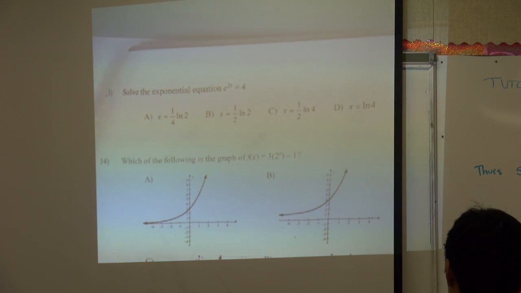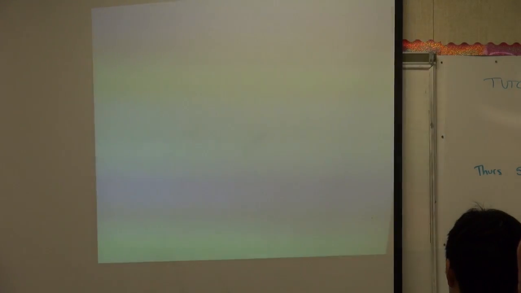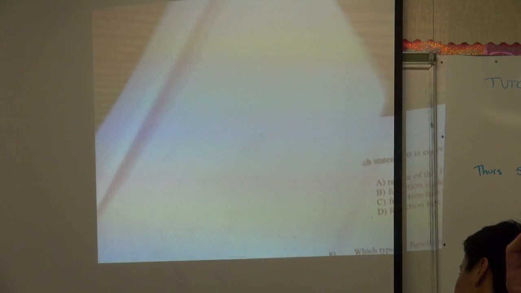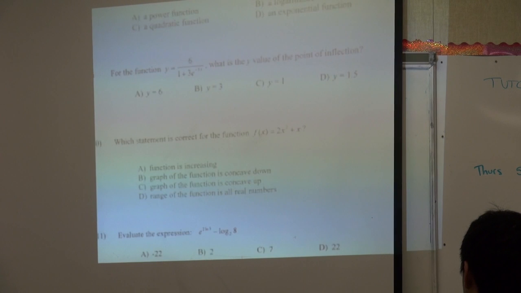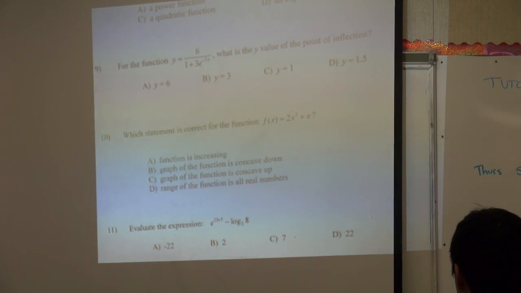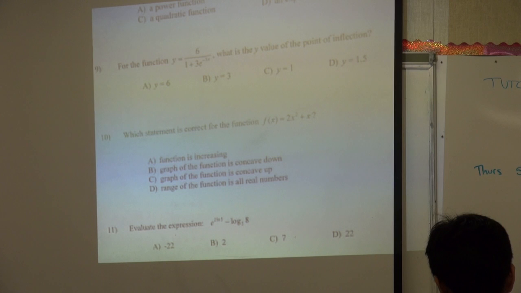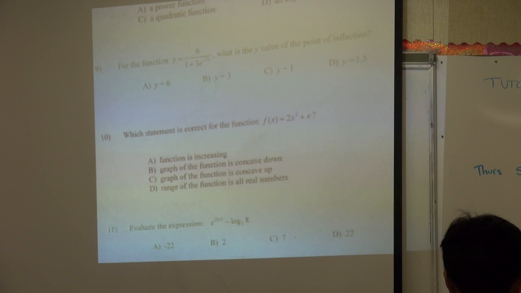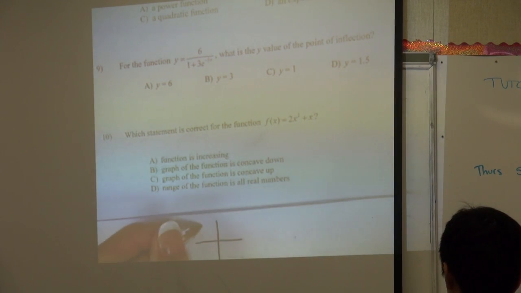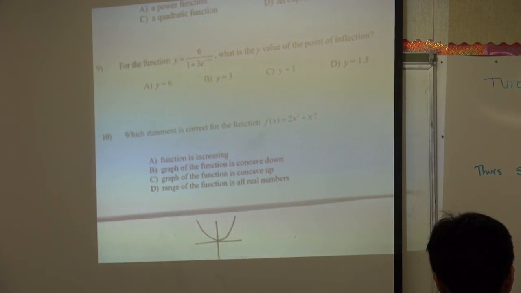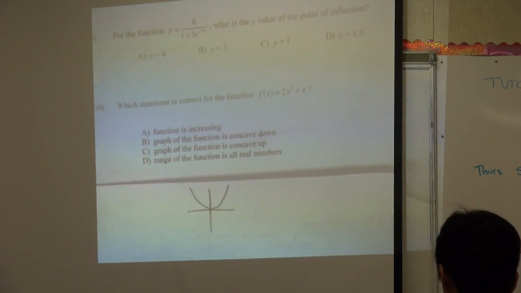Okay. Another one that you guys scored low on was number 10. Number 10 just said, which statement is correct for this function? And the function is y equals 2x squared plus x. Well, y equals 2x squared plus x is a parabola. And it's a parabola opening up. And it's even a parabola opening up with the origin as its vertex.